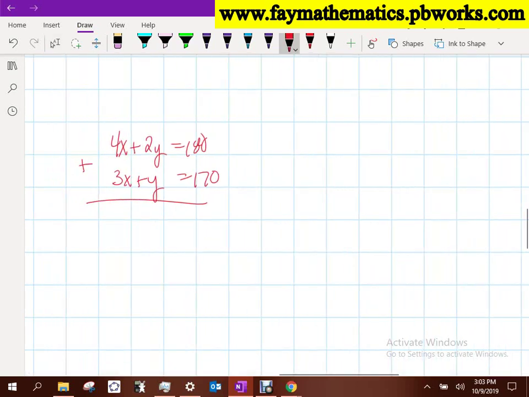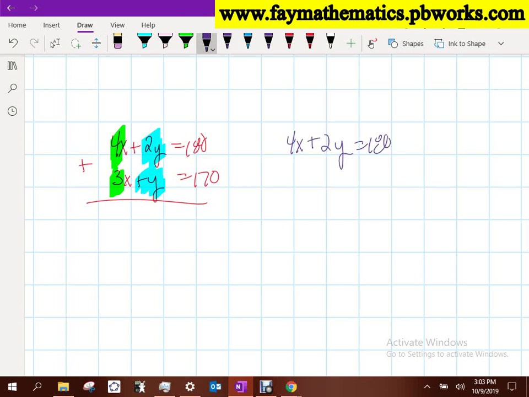Okay, so if I want to get my variables to cancel out, do you guys agree that it would make sense to let those cancel? Because it's going to be easy to make this one 2y. If I was going to get the x's to cancel, what do I have to turn them both into? We'll have to change the 4x to 12 and the 3x to 12. So then I'd be multiplying both equations. But if I want to cancel the y's, that top one can say 4x plus 2y equals 180.